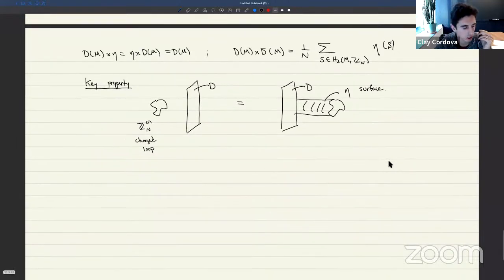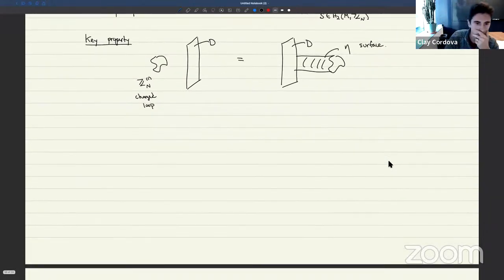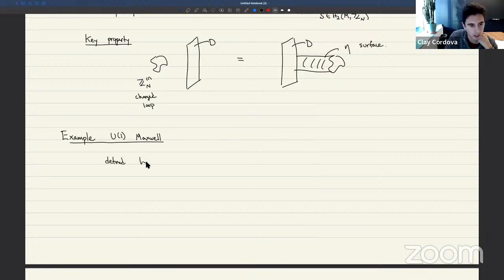Okay, so that is how I think about this general construction. And now I'd like to give you at least one example and make a list of some other examples that are known. So the example I work with is U1 Maxwell theory. This theory is defined by tau, and this tau is not the same as the theory tau.